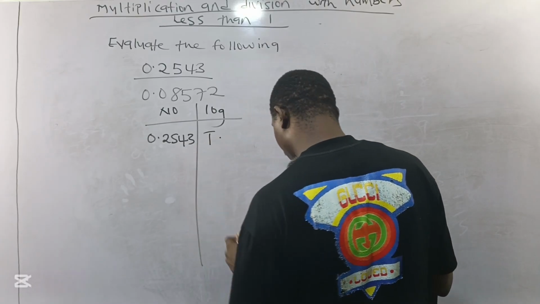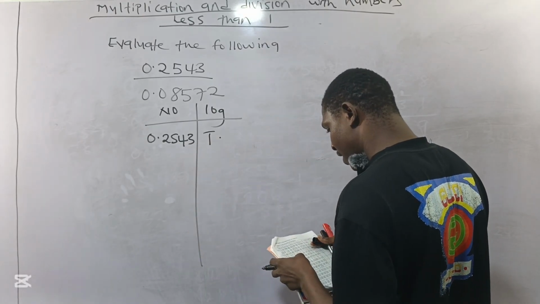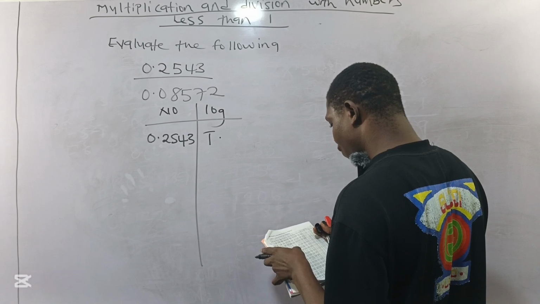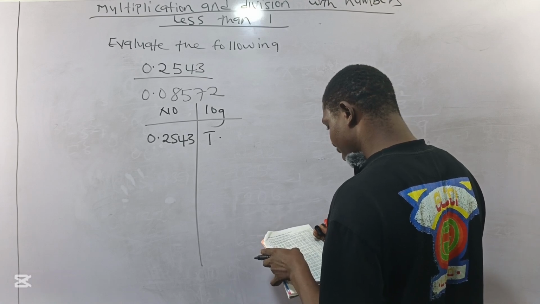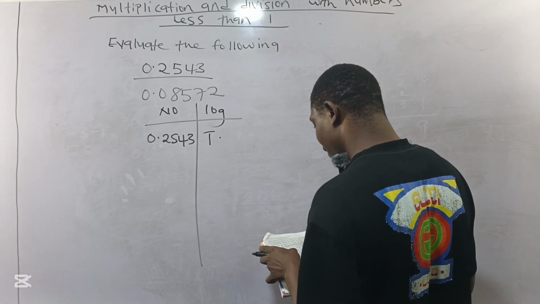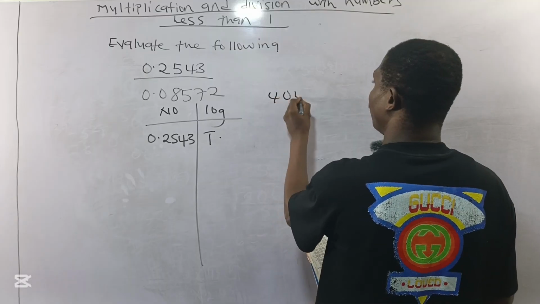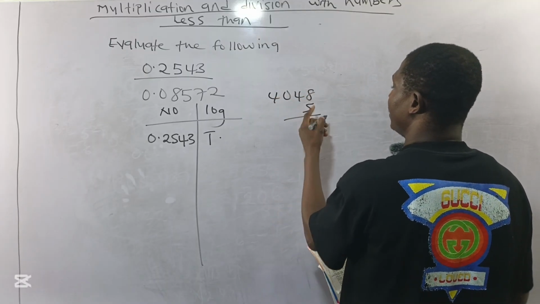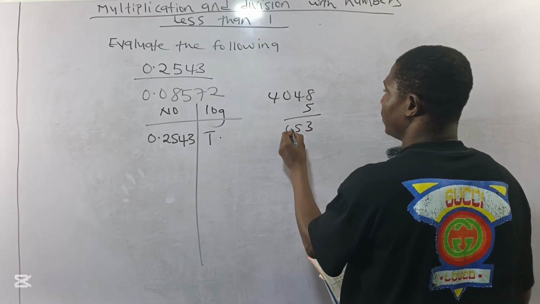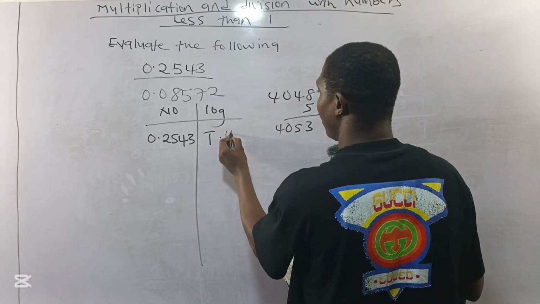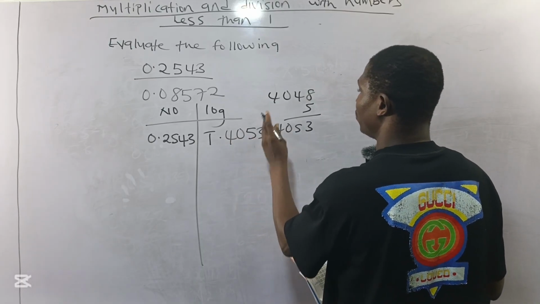Points 25 under 4. 25 under 4 is 4048, and difference 3 is 5. So we have 4048 plus 5. 10, 13, 3 carry 1, 5, 0, 4. So we have 4053.